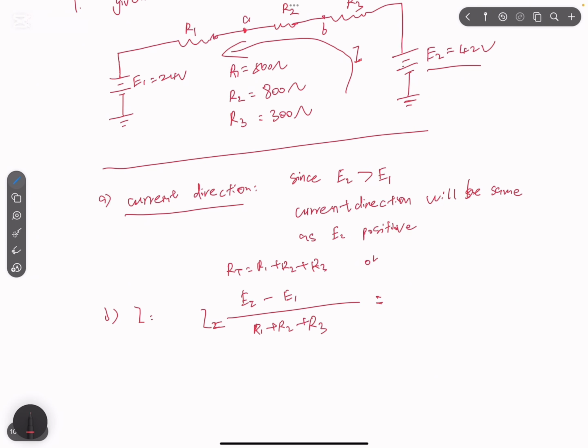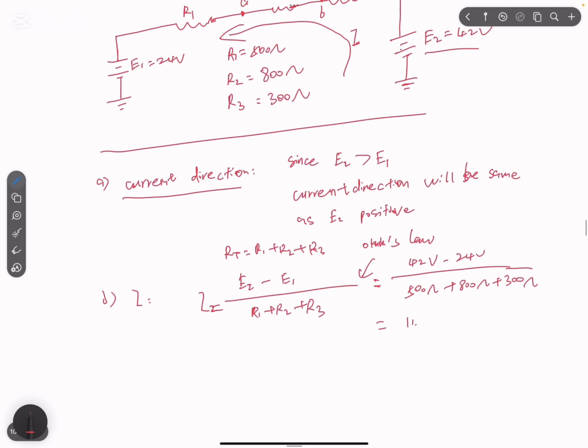By using Ohm's law here, we can find the current. So E2, 42 volts minus 24 volts divided by 500 ohms plus 800 ohms plus 300 ohms. That will give us 11.25 milliamps.